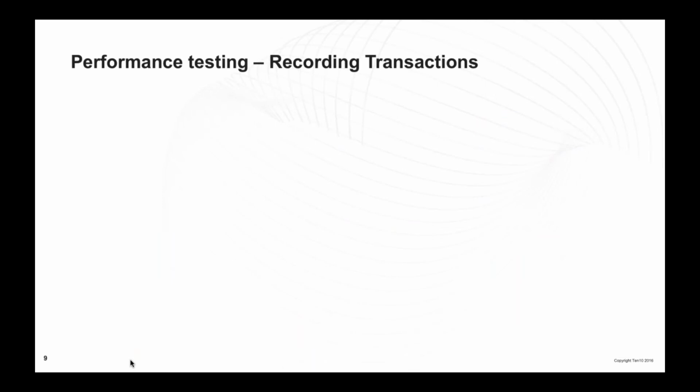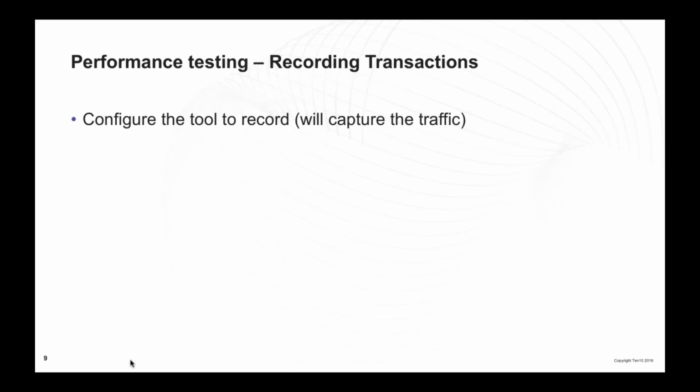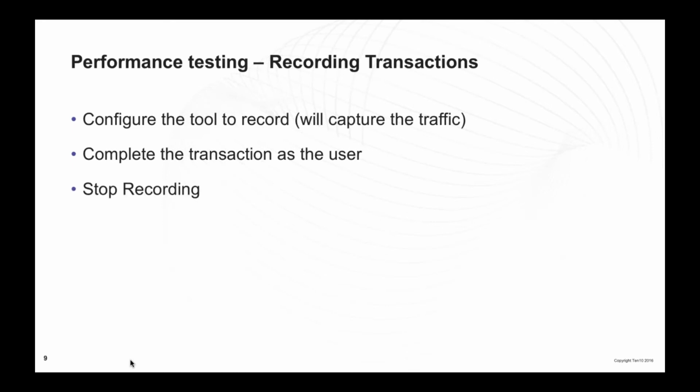You start the recording, you perform the task through the application, in our example login, exactly as we did before, and once the transaction is completed, you stop the recording. The tool has then recorded, and also has the ability to replay, the underlying messages the app sent to the server in response to login.